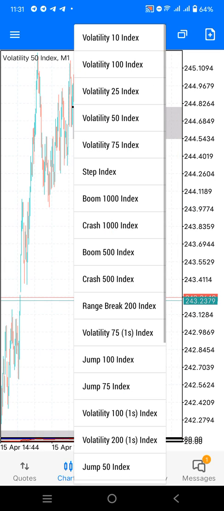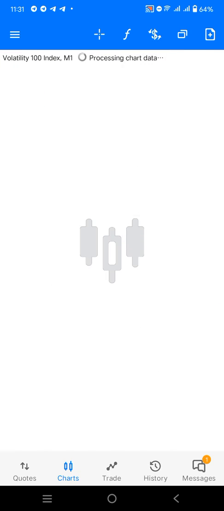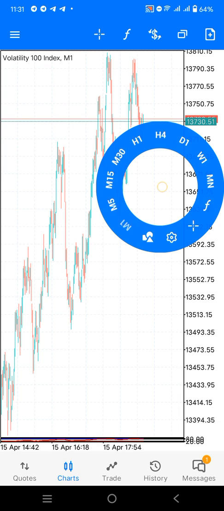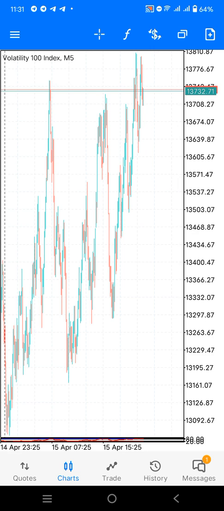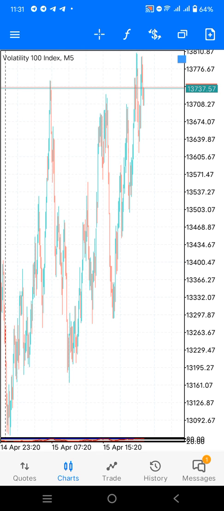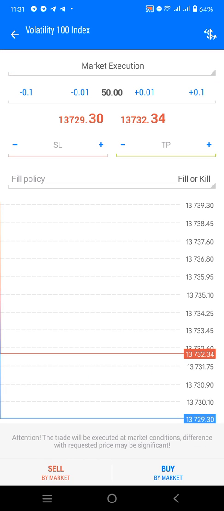Let's move on to the next index, X100 index. Power high and power low. This is a very good strategy, power high and power low, guys.